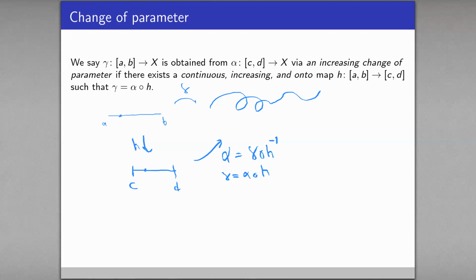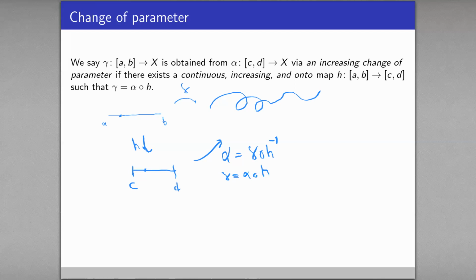And what is true is that they traverse the same set, exactly the same image, but with different timings. So I think of h here as a time dilation. It just plays around with at what time the curve is at a certain point on the curve. So gamma and alpha are at different points on the curve as time passes.